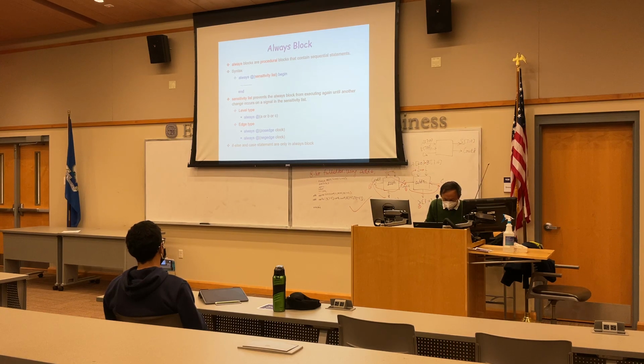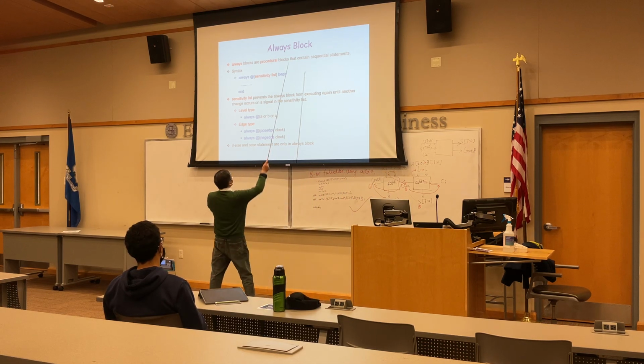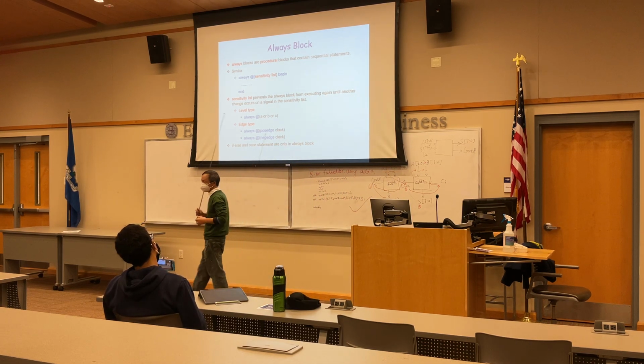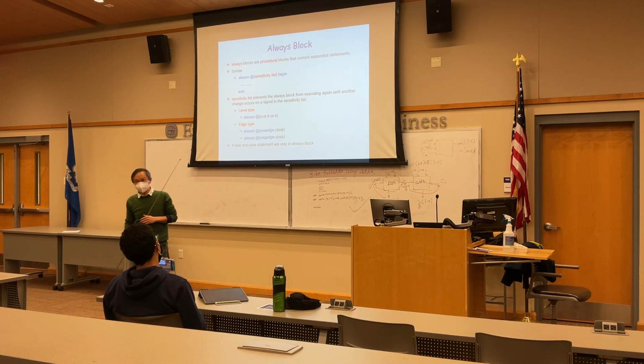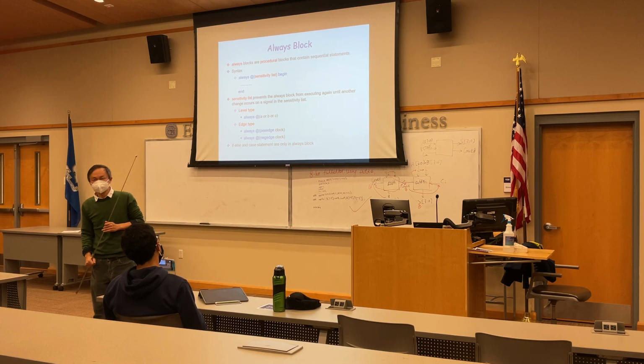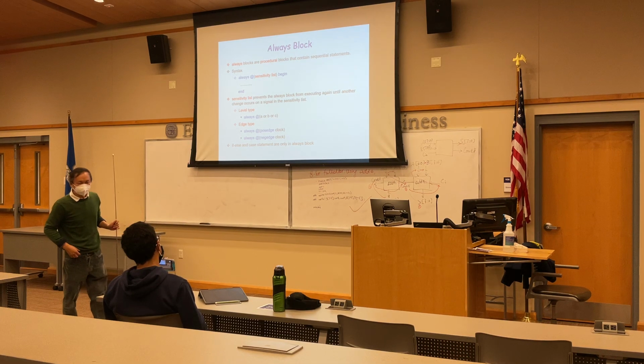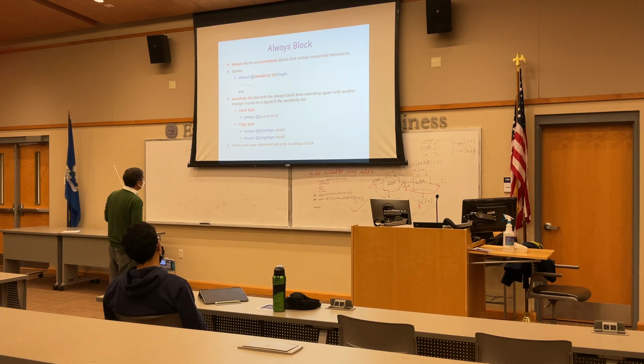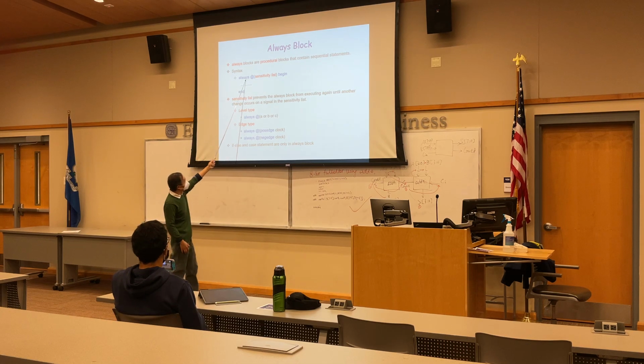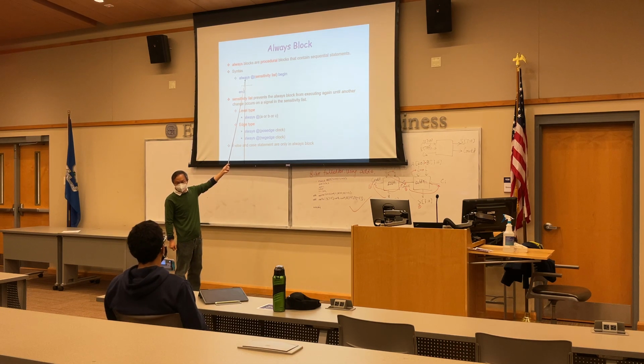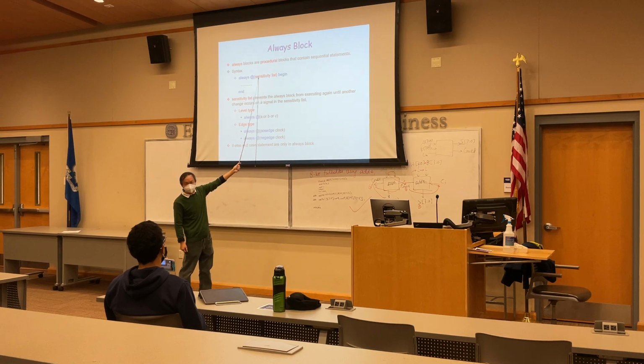Always block. What is an always block? It contains sequential statements. That's like a process in VHDL design. Always we're going to do this. And when we trigger the always process to evaluate, we have a sensitivity list.